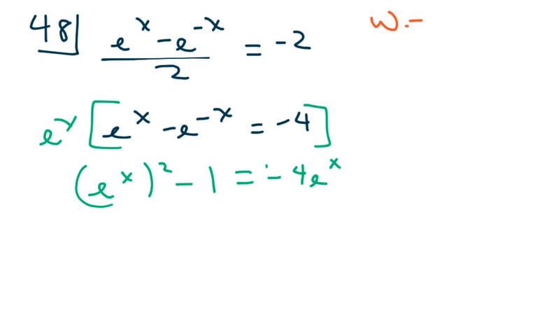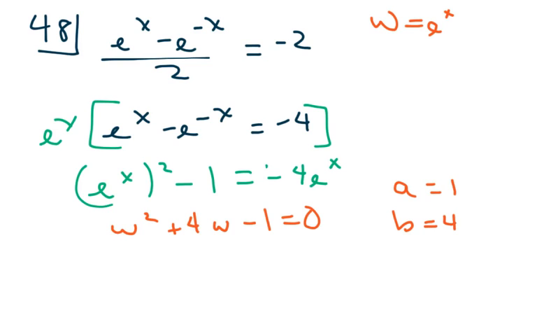Let w equal e to the x, and we get w squared plus 4w minus 1 equals 0, and use the quadratic formula where a equals 1, b equals 4, and c equals negative 1.